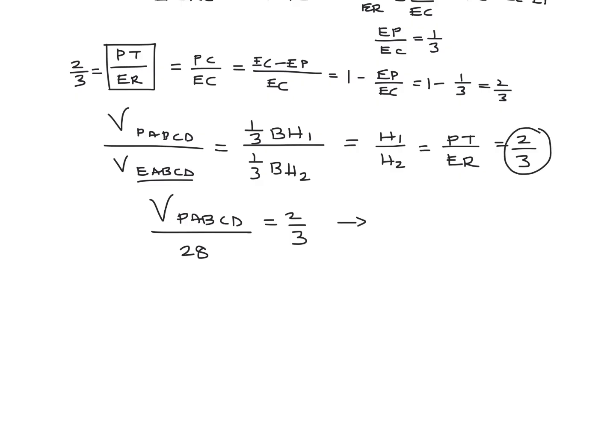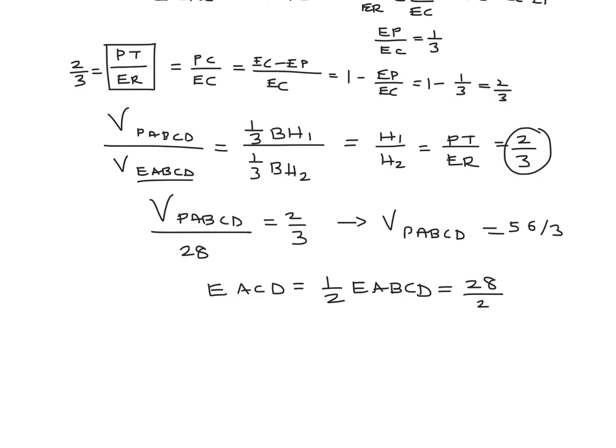Then that can easily be figured out, that PABCD is 56 over 3. And therefore, EACD is just half of that, half of EABCD. So that's 28 over 2, which is 14.